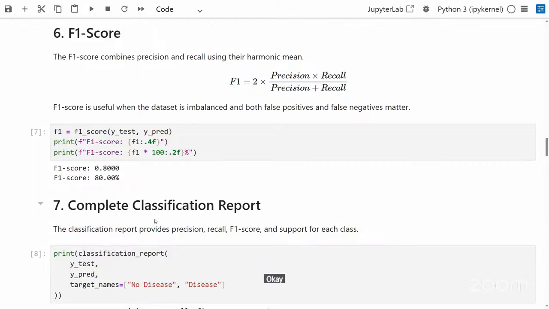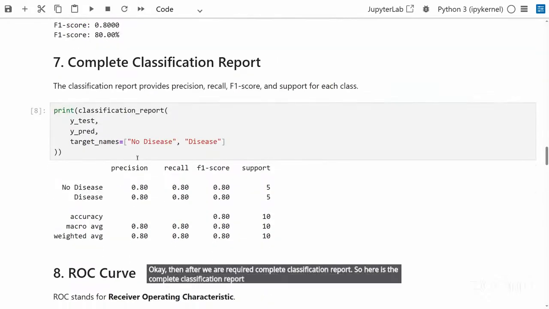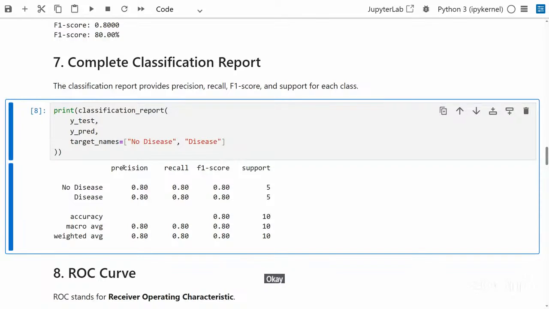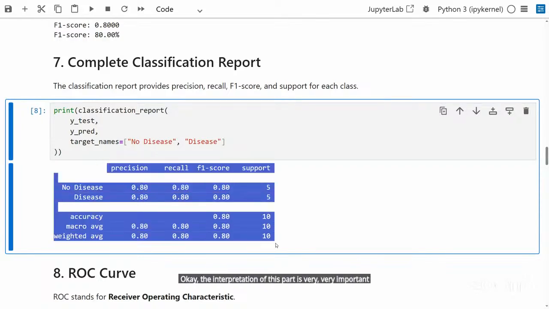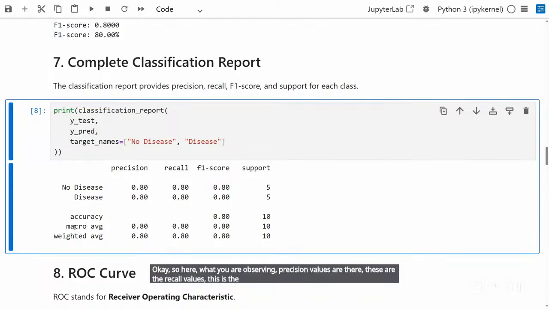Okay, then after we require the complete classification report. So here is the complete classification report. When you apply the classification report, you will have this type of matrix which you are observing here. Okay, the interpretation of this part is very, very important. So here what you are observing, precision values are there. These are the recall values. This is the F1 score. And the accuracy also you can see here.